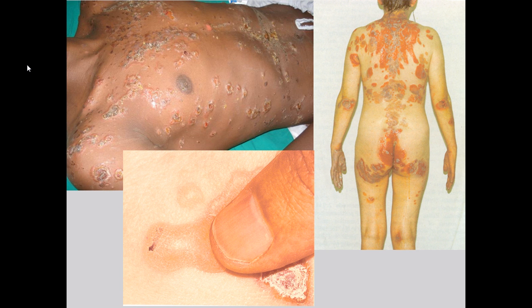This is more widespread, as you can see in the body. Again, in both of those the blisters are very fragile, so if we put pressure on them, they are going to burst, and sometimes we don't even see the presentation of blisters. It's just open sores and crusting.